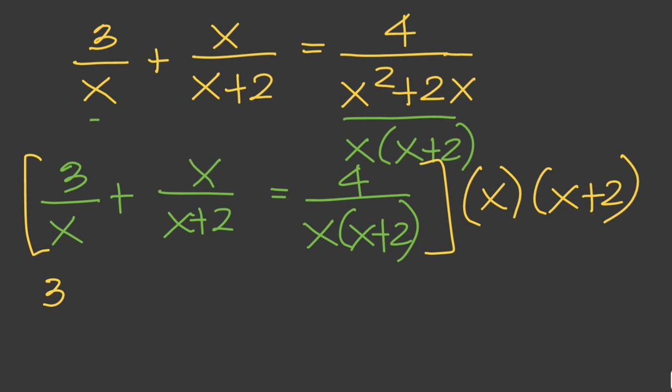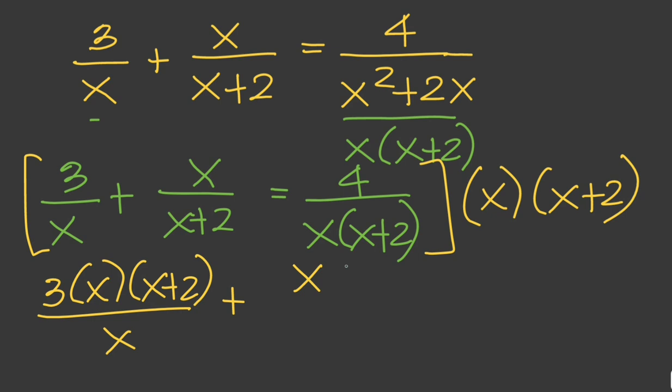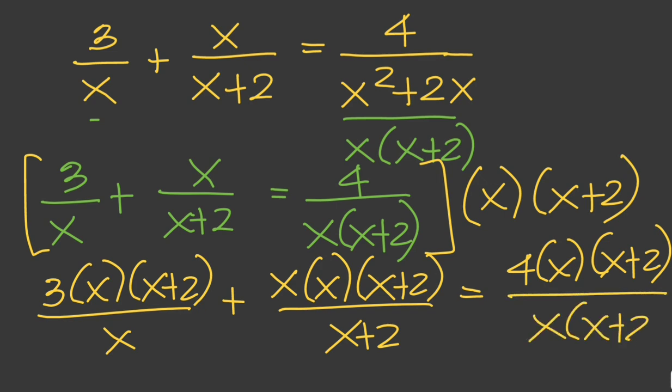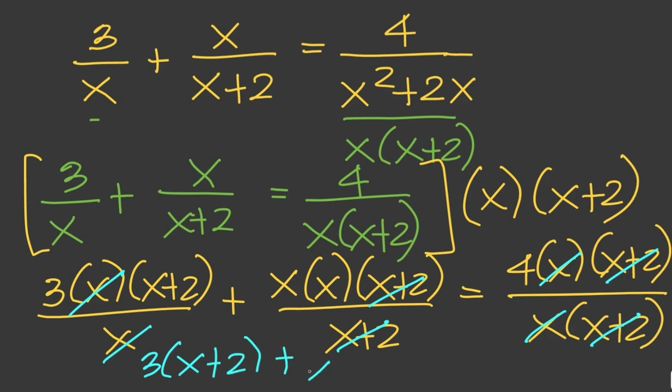So this would become 3 times x plus 2 over x plus x, right there, x times x plus 2 over x plus 2 equals 4 times x plus 2 over x times x plus 2. Now we can cancel out the common factors. So here we have x, then x plus 2, and here x and x plus 2. So we'll be left with 3 times x plus 2 plus x times x equals 4.